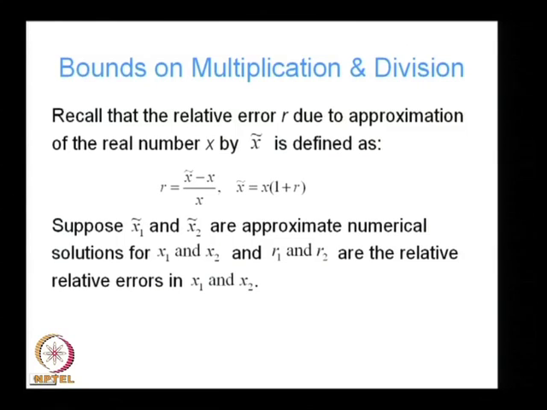Suppose x1 tilde and x2 tilde are approximate numerical solutions for x1 and x2, and R1 and R2 are the relative errors in x1 and x2.